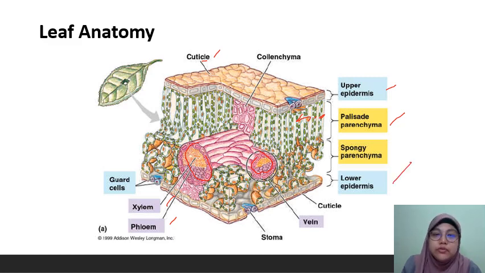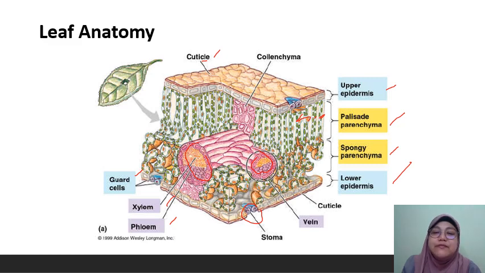So it holds most of the stoma or stomata, which are flanked by guard cells. So another example, guard cells here. And then we have the spongy mesophyll, spongy parenchyma cells. So they are temporary storage structure for sugars and amino acids made in the palisade parenchyma cells.